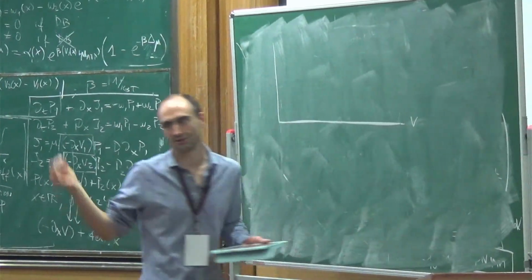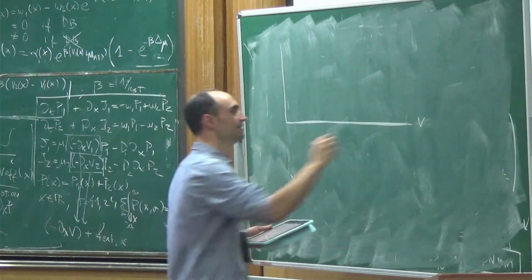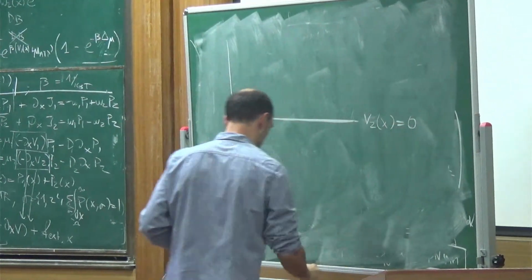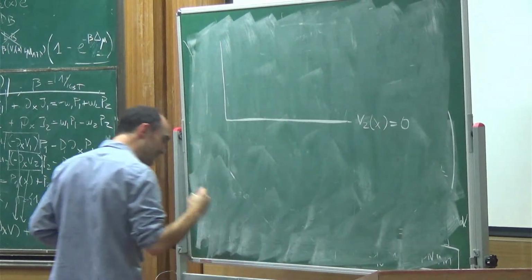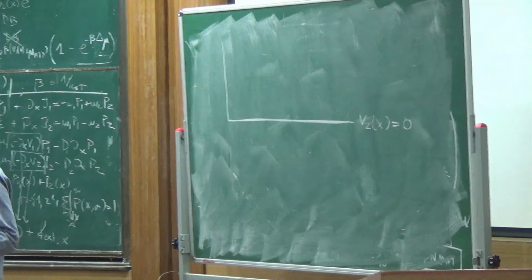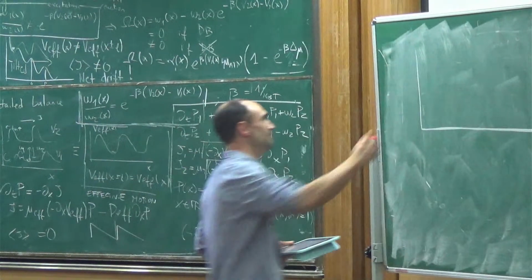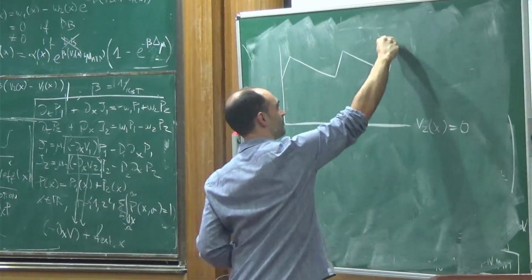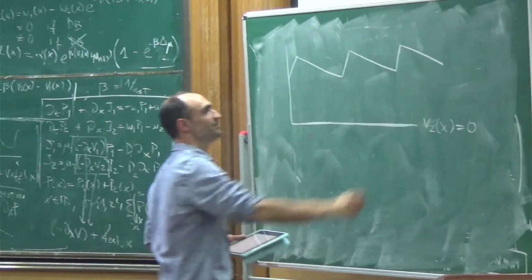What I'm going to say is also valid for the most general picture. But let's say V2 is equal to 0. Actually, I will use this in the rest of the lecture. Let's say V2 is flat, free diffusion, and V1 has a shape that is like this. Okay, this is V1.